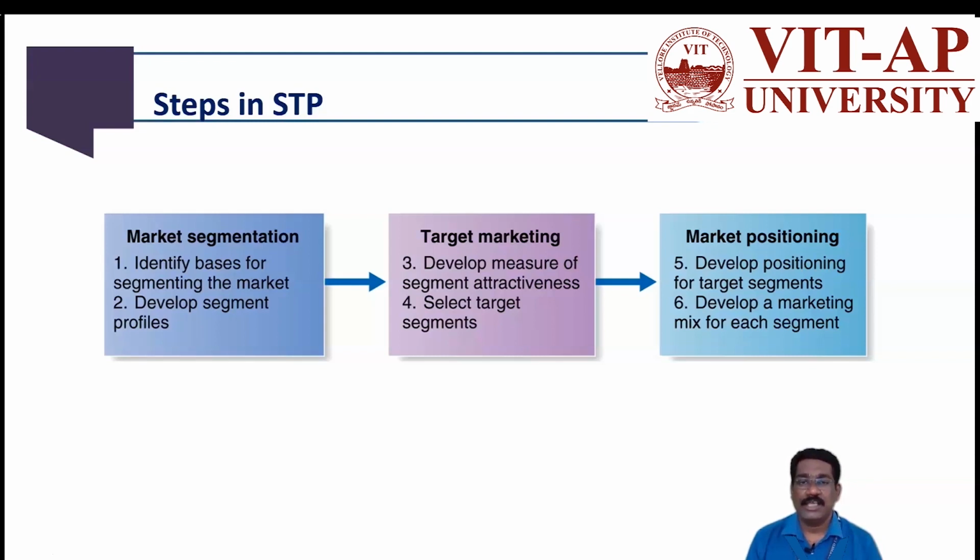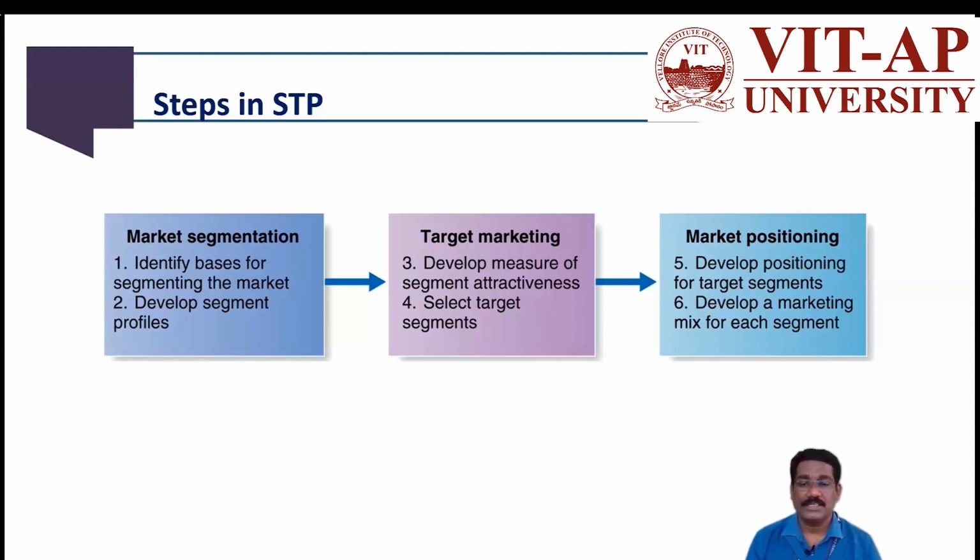Once they understand the needs and wants of that segment and its characteristic behavior, they try to target that particular segment and develop measures of segment attractiveness. It means which unique value proposition offered by the company is going to attract the consumers in that segment.